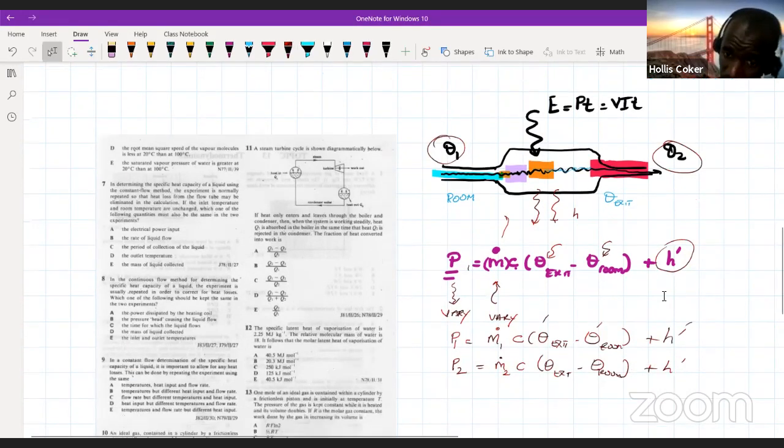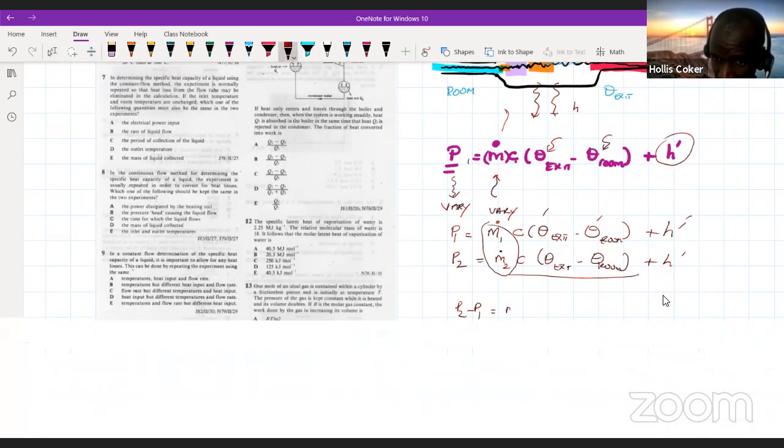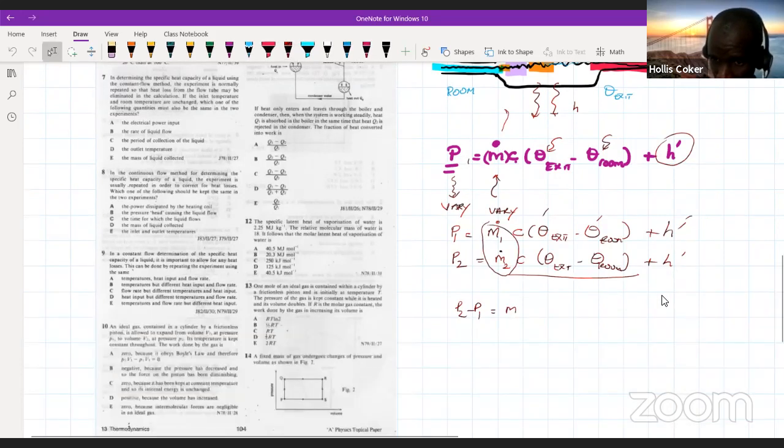So if you subtract the two equations, what will you get? You will get P2 minus P1 is equal to, these two terms are the same, with the exception of these two here. That'll be M2 minus M1 of C times theta exit minus theta room, and H prime minus H prime, the same heat loss, is going to be 0.